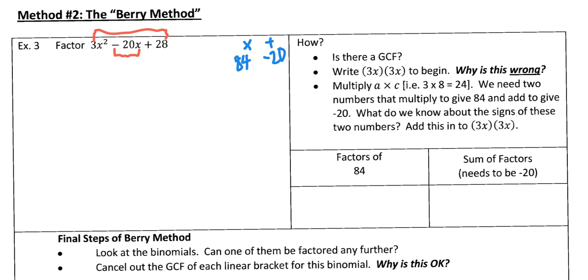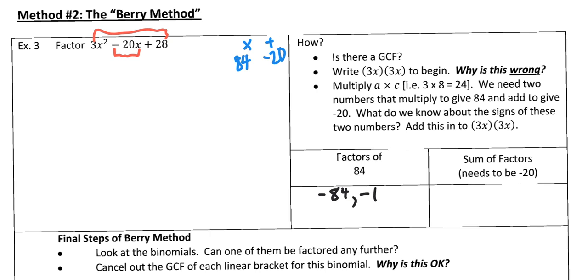Now, when we do this, we can go through all of the possibilities. Now, I'm going to go through a basic possibility for you for factors of 84. So the factors of 84 could be, well, negative 84 and negative 1.